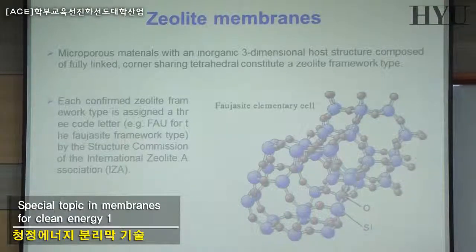So you can make this zeolitic imidazolate framework called ZIF, or you can make an organic frame and change this silica into metallic structures and make the metal organic framework, MOF.